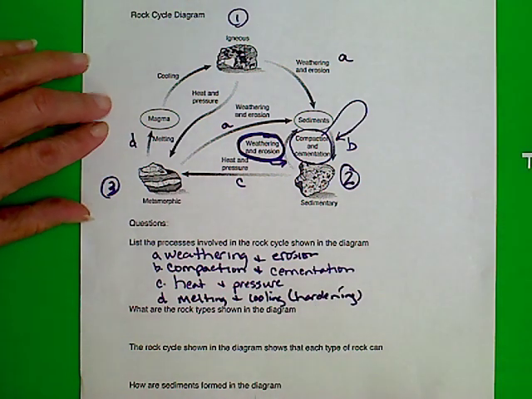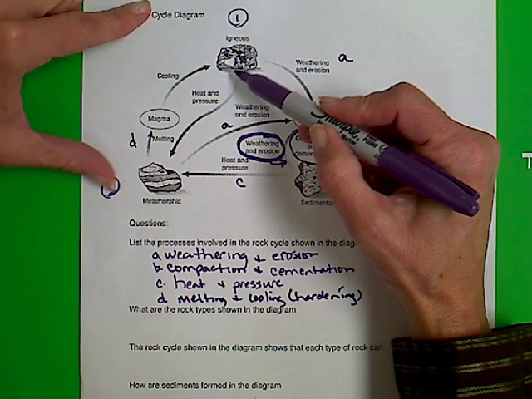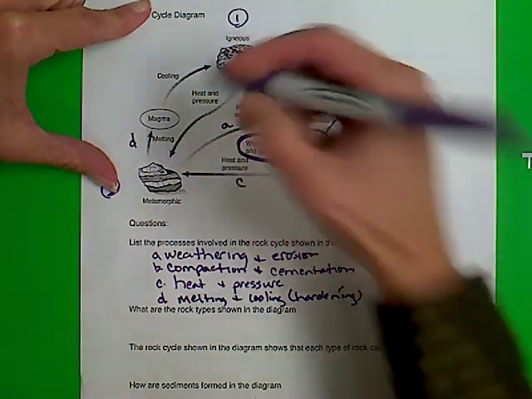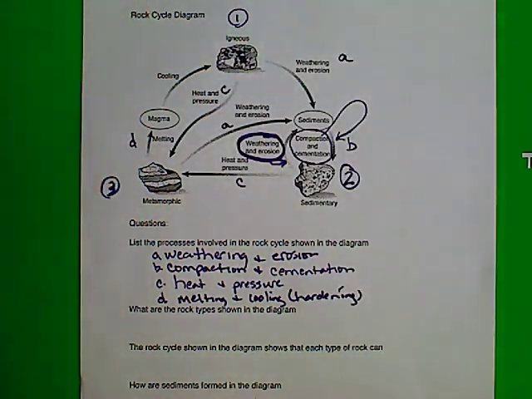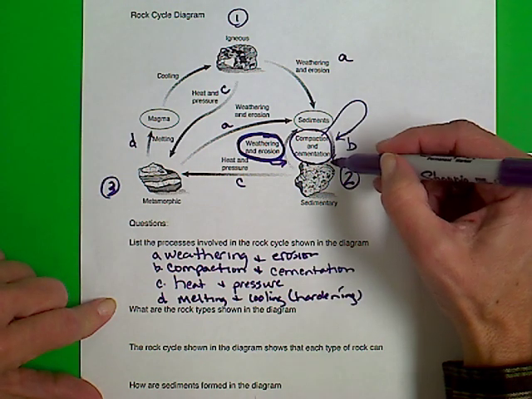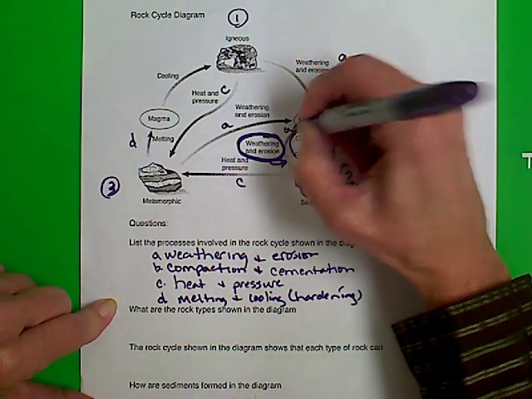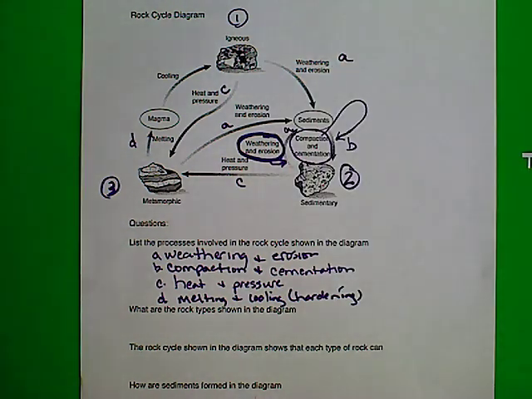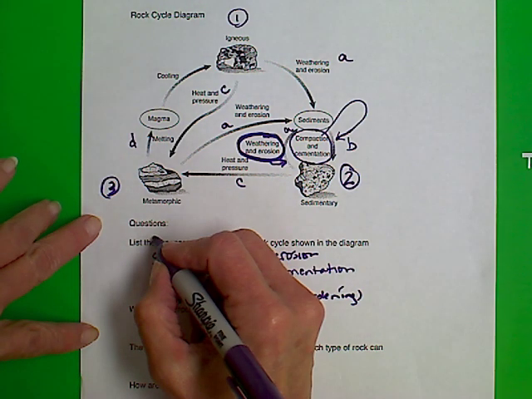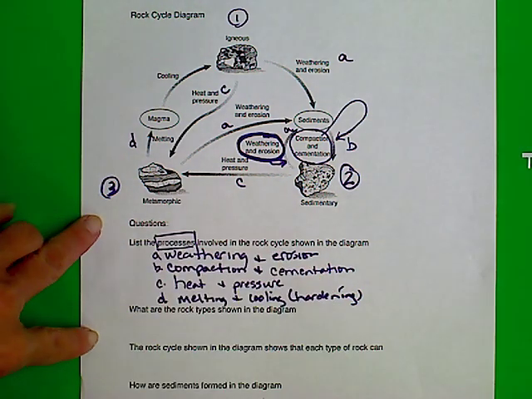All right, so that's D. If I start up here at igneous, this process here is heat and pressure. We already said that was C, so we already named that. We have compaction and sedimentation. This one right here is weathering and erosion. We already said that was A. So every single arrow on here I have to have labeled so that I know what all the processes are.